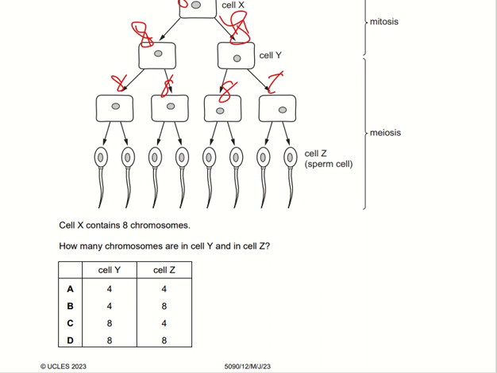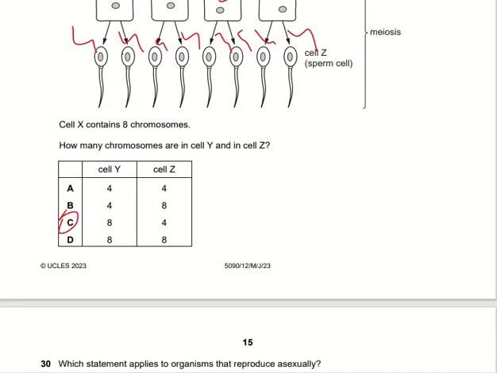Whenever each divides again into 2, then each one has 4 chromosomes. So we can say that cell Z has 4 chromosomes and cell Y has 8. So option C here is the right answer, because meiosis decreases the number of chromosomes in the daughter cells.